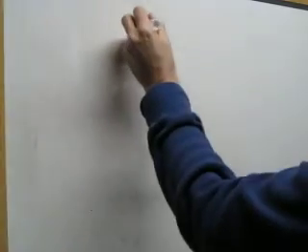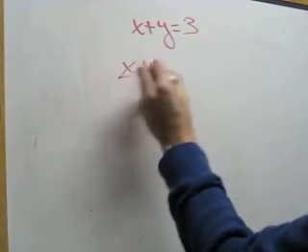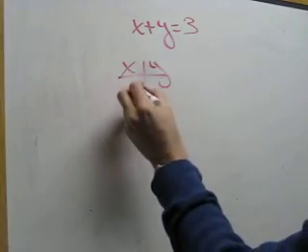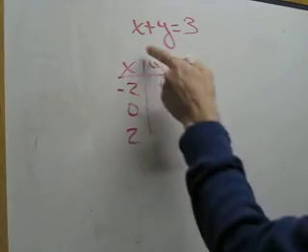Number 17 through, looks like 34. What they're doing is they're giving you the equation, asking you to find 3 solutions. Remember, let's look at number 20. X plus y equals 3. They're telling you to find 3 solutions. So do this. Assign anything you want for x and see what your y is.